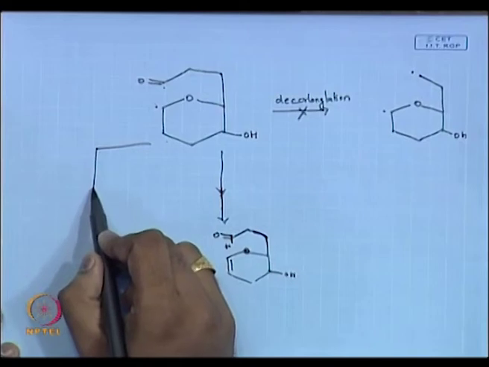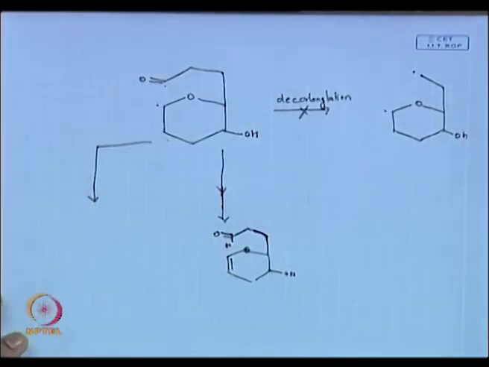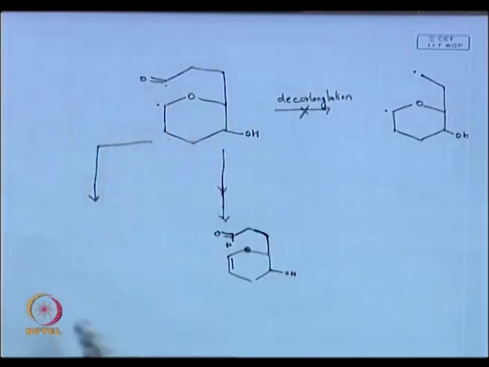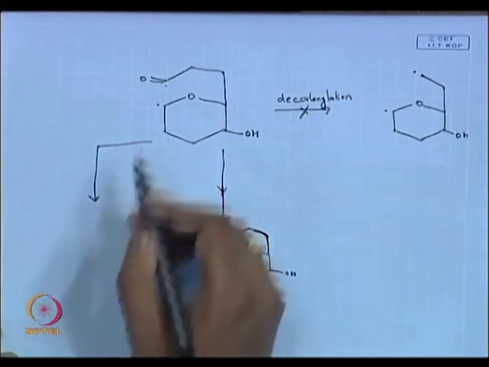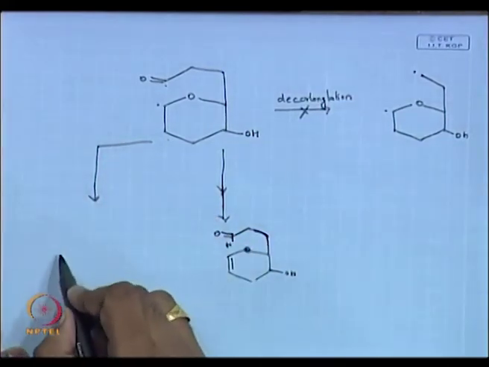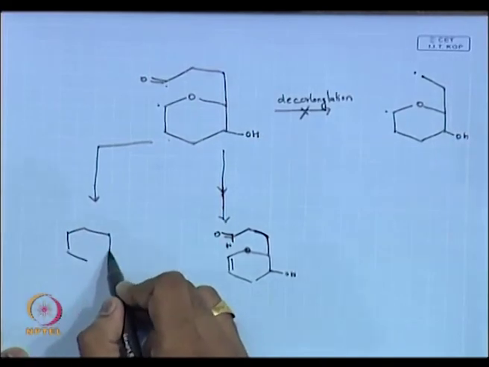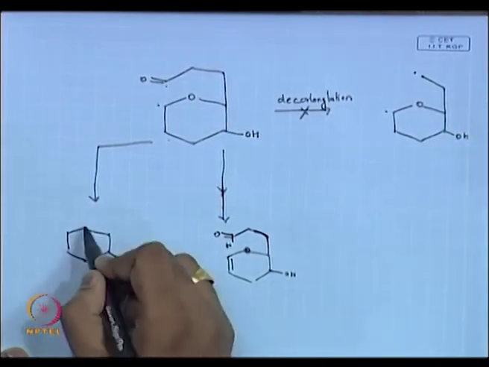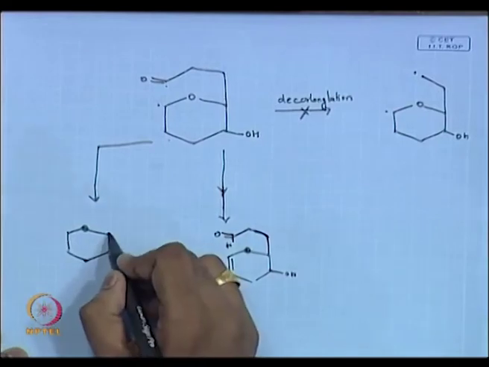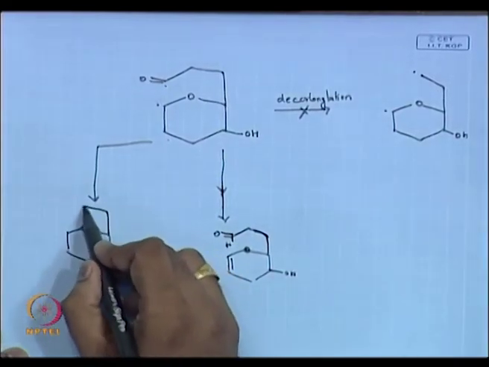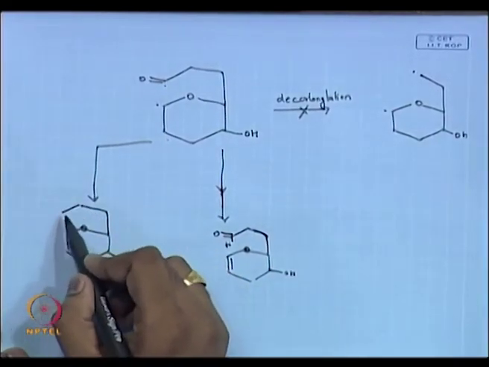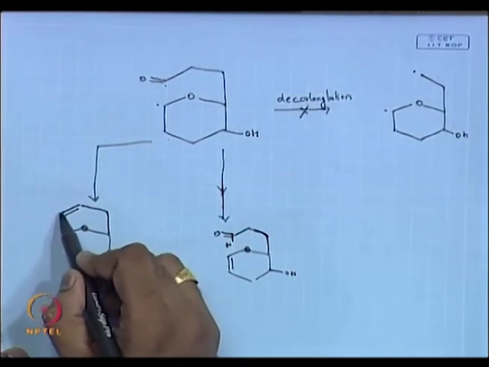What is the other intramolecular hydrogen abstraction we were talking about? The alkyl radical can take this hydrogen. So if that takes, what do you end up with? You end up with a ketene.